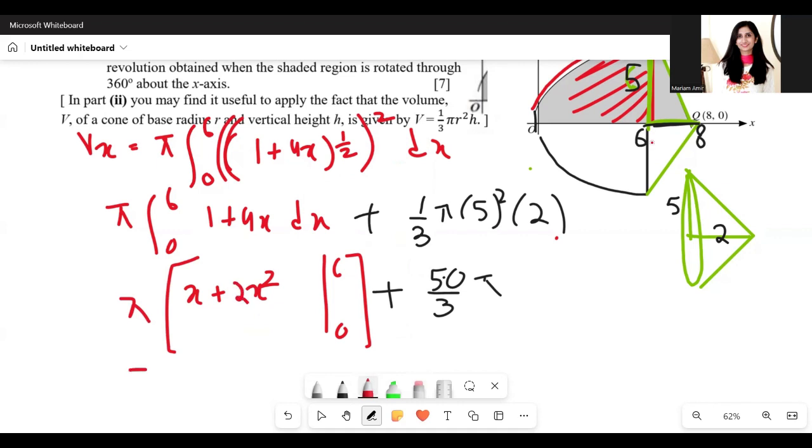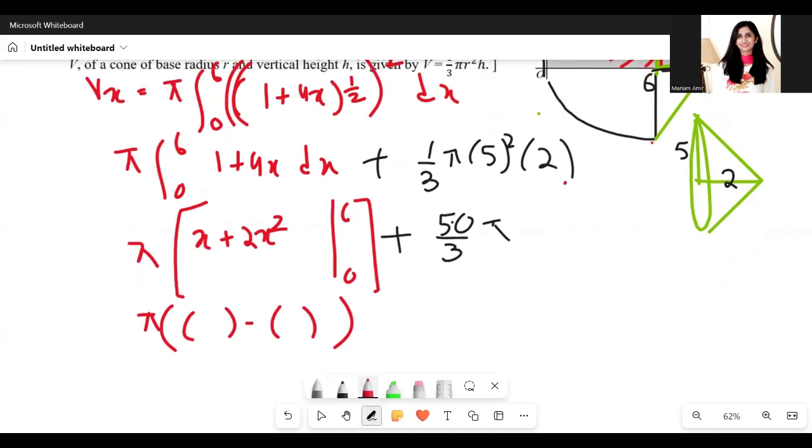Now substitute 6, write your result, a negative sign, substitute 0. When you substitute 0, you'll get 0. And when you substitute 6, we get 78. So 78 pi plus 50 by 3 pi is 284 upon 3 pi, which is the final answer.